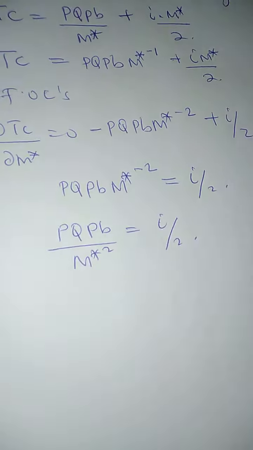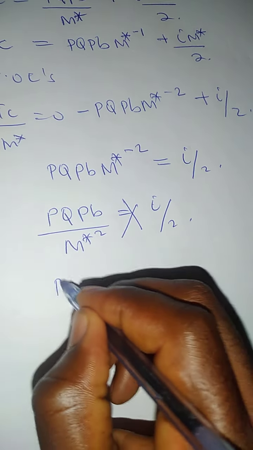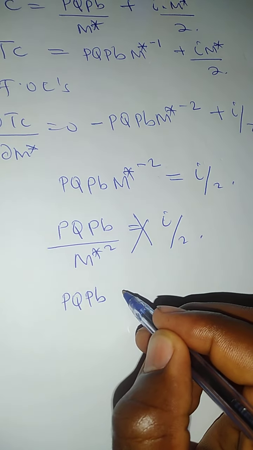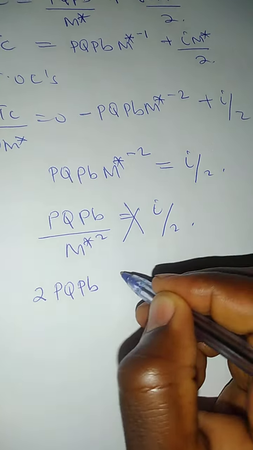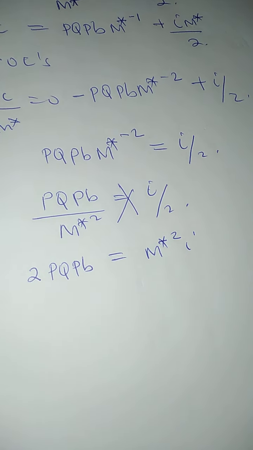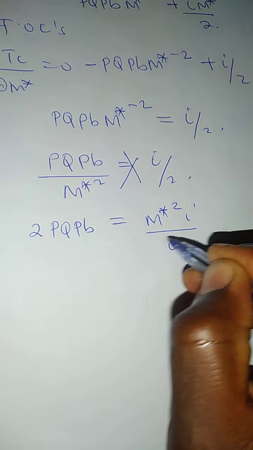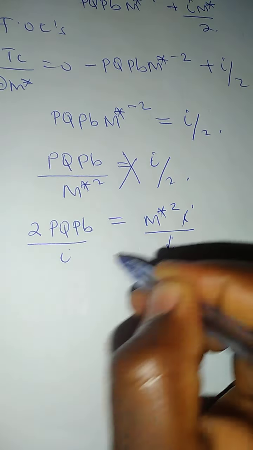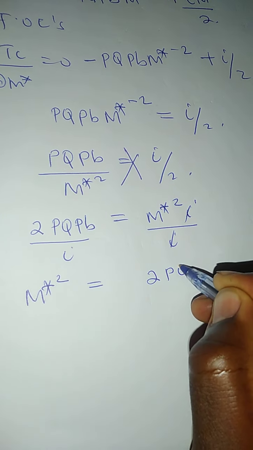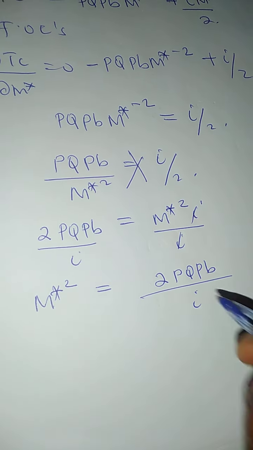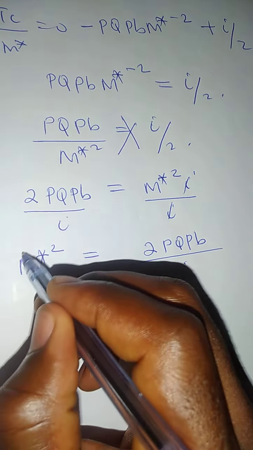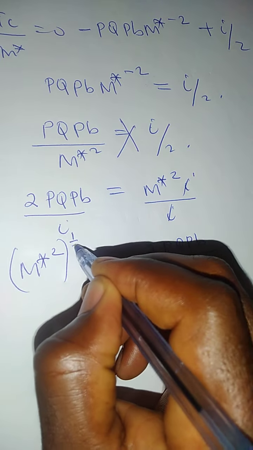Okay, so I can now cross multiply to get PQ PB, which is equal to M star squared I. So I can divide by I and get M star squared, which is equal to twice PQ PB over I. But I want the optimal M, so I can take power a half.